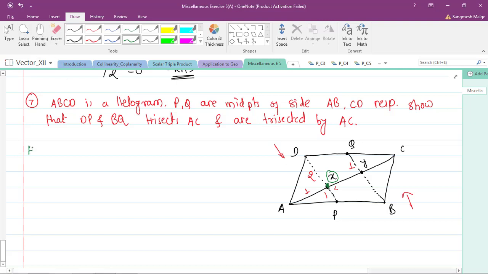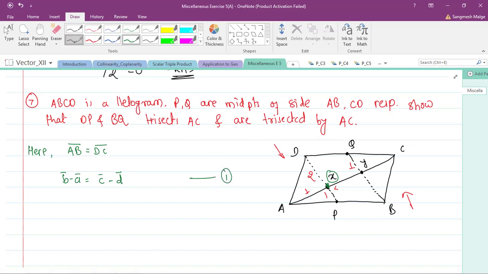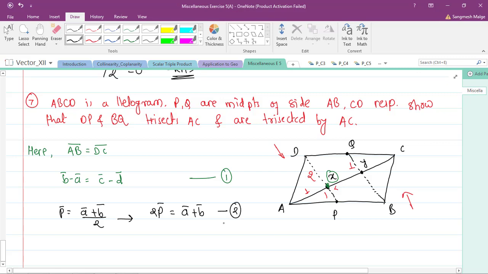Here what is given is that it is a parallelogram, so definitely we can say that AB bar is equal to DC bar, meaning B bar minus A bar is equal to C bar minus D bar. This is equation number 1. As P is the midpoint of AB, P bar is equal to A bar plus B bar by 2, implies 2P bar is equal to A bar plus B bar, equation number 2.